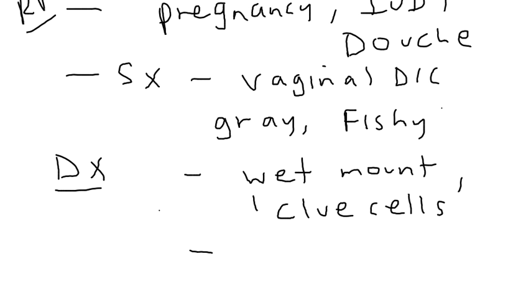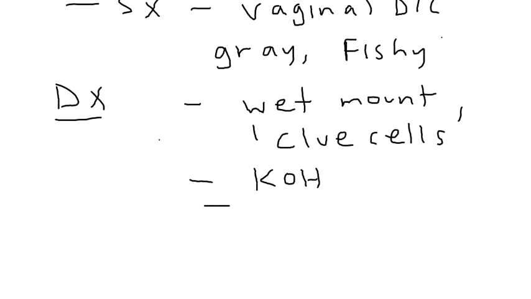Now remember, if you apply potassium hydroxide to the slides, this can help produce a smell, known as a fishy odor, and that happens in BV. When the KOH is applied, it produces amines, and those amines can produce a fishy odor.